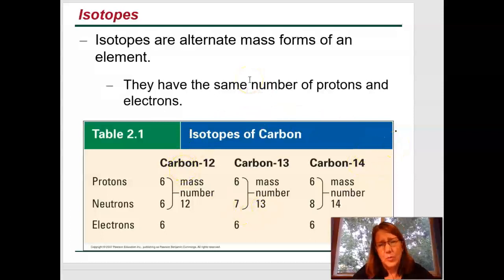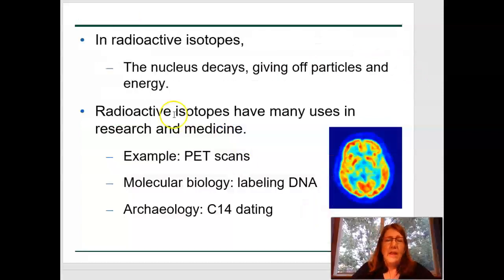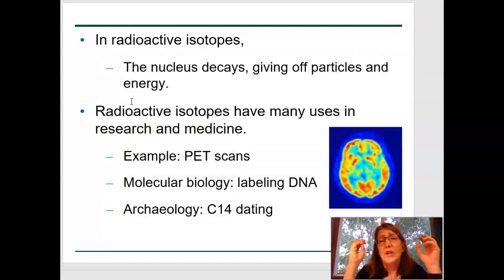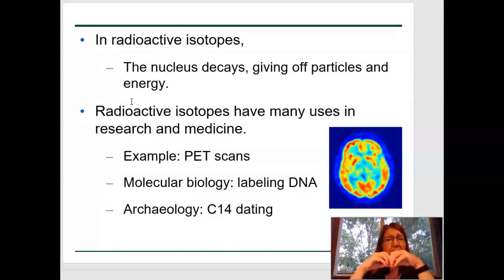But an isotope definition is an alternate mass form of an element. So when you have more neutrons in that nucleus, the nucleus is going to decay, and it's going to give off particles and energy with that, and that's how we get these radioactive isotopes.